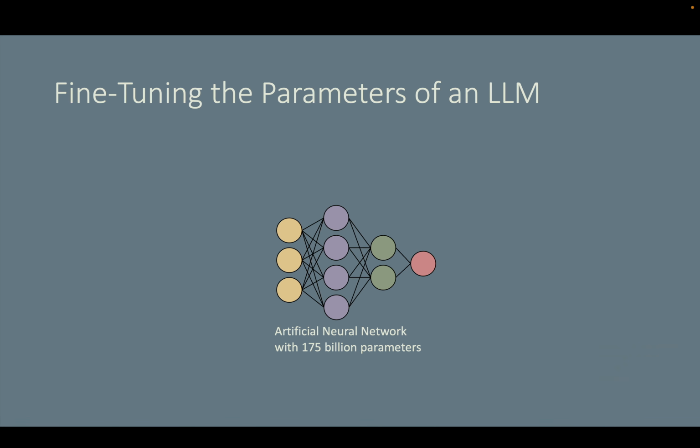Recall that a large language model gets its power from a vast number of learned parameters, say 175 billion, trained on data from across the internet.